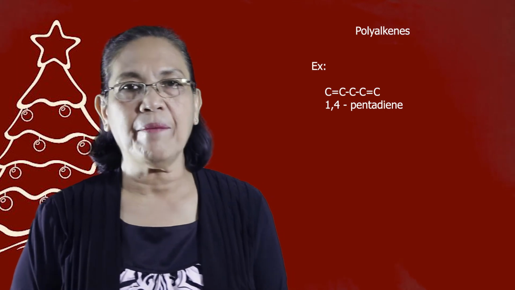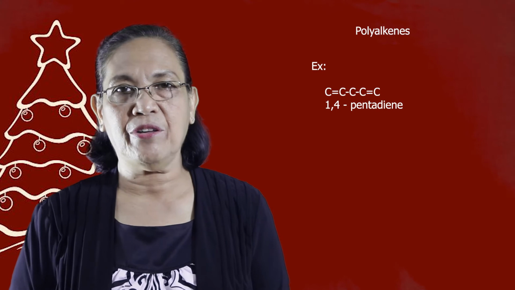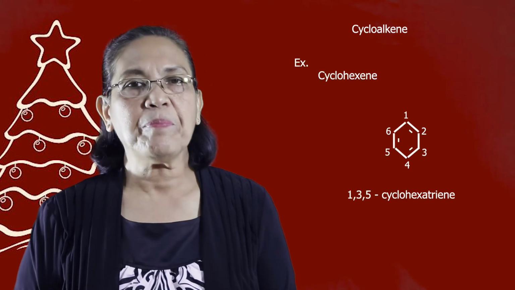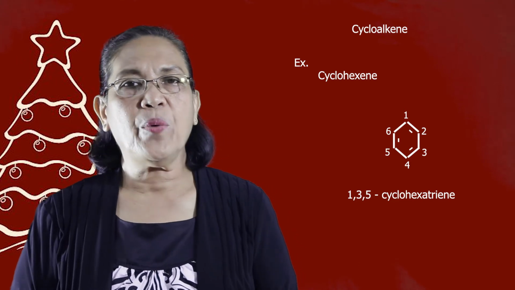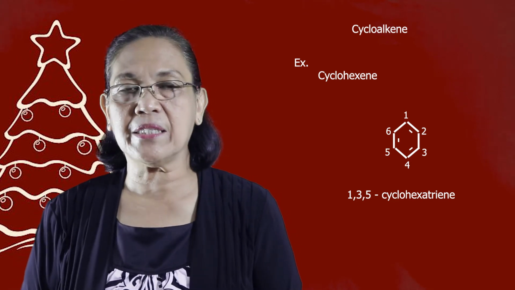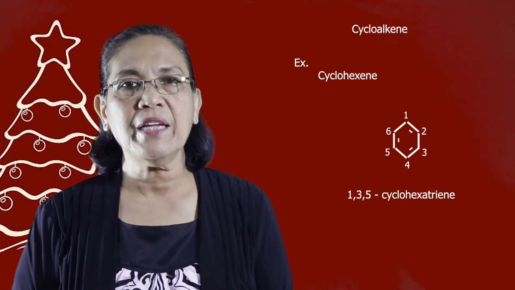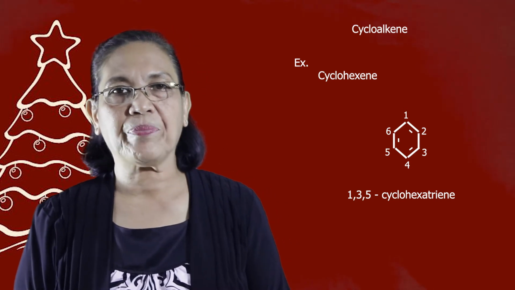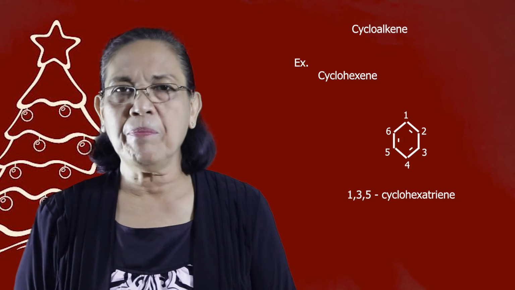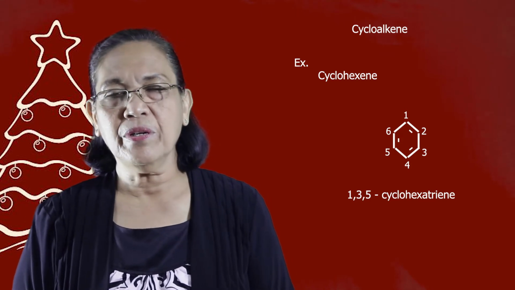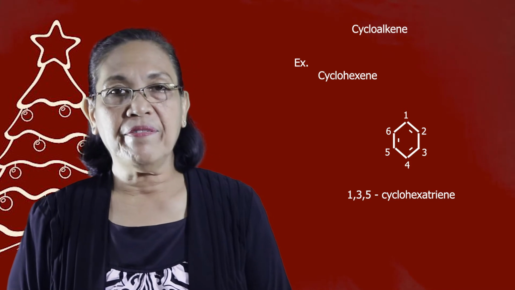I will give you some more examples in my notes that I'll be sending you later. Let's go to the cycloalkenes because there can also be more than one double bond present in the cyclic structure, especially in cyclohexene. In cyclohexene, we can have 3 double bonds. Suppose there are 3 double bonds present, so that the locations of the double bonds are in carbon 1 and 2, carbon 3 and 4, carbon 5 and 6.